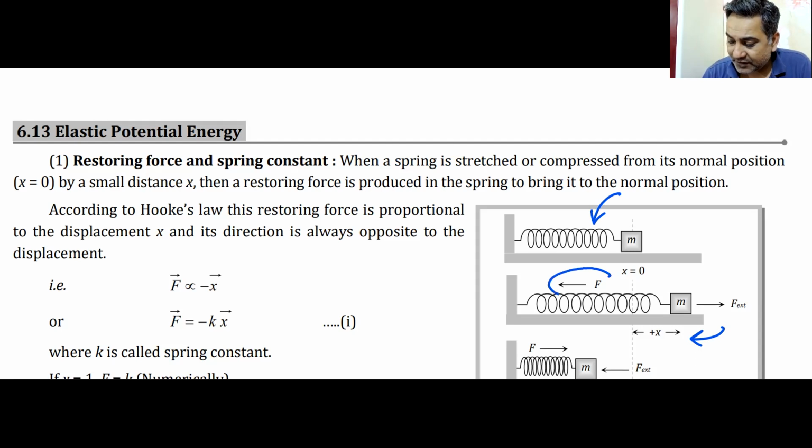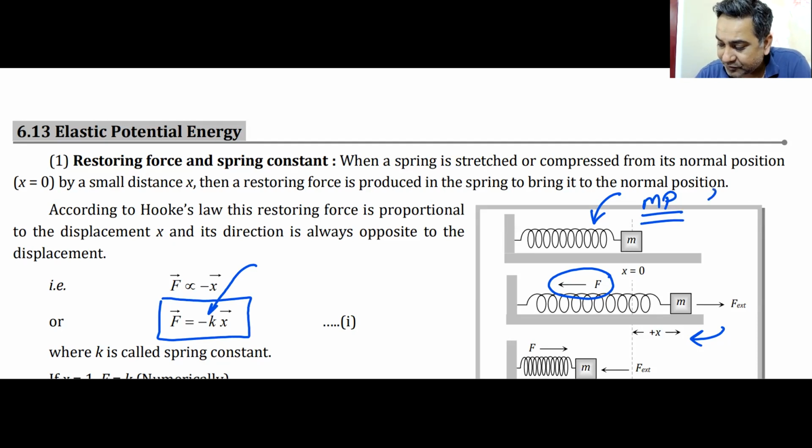The spring will apply a force which will try to pull it back. Some people also call it restoring force. And the value of that force is minus kx, this minus sign indicating that it is opposite to displacement from the mean position. This position where the spring is relaxed is known as the mean position or equilibrium position.